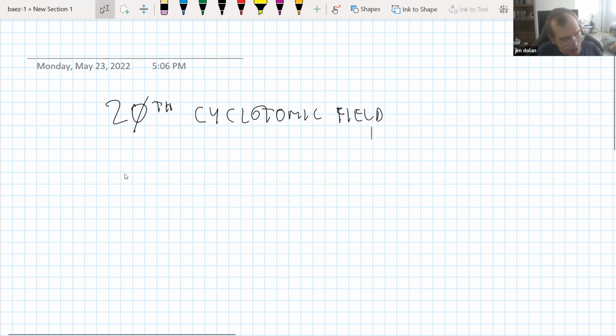So first of all, I'm going to try to think about what the Galois group of this field is, and use that to help us understand all the subfields of this field.